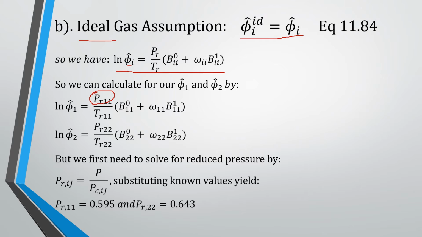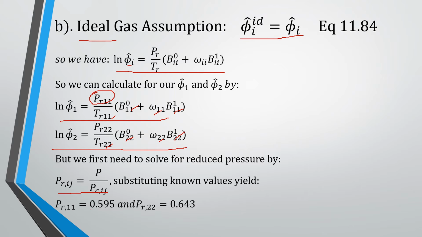So in order to use these equations here, we need to calculate the reduced pressure for the pure species, since we already know the values of the reduced temperature and the second virial coefficients, which were solved previously, and also the acentric factor for the pure species. So this is the equation that we can use to solve for the reduced pressure for the pure species, in which i and j will be equal to each other.